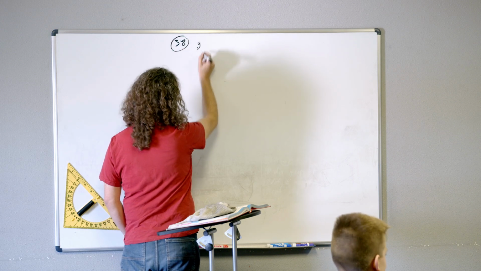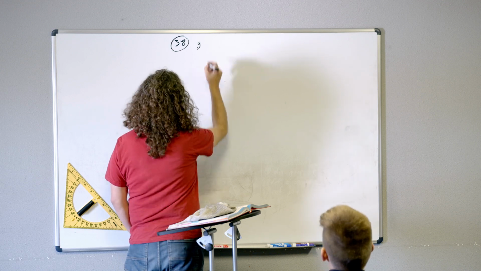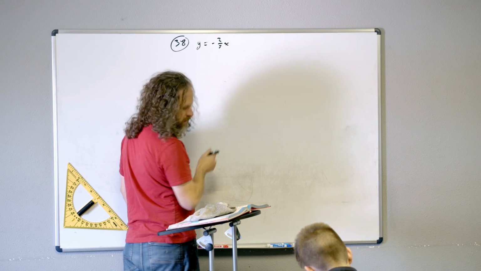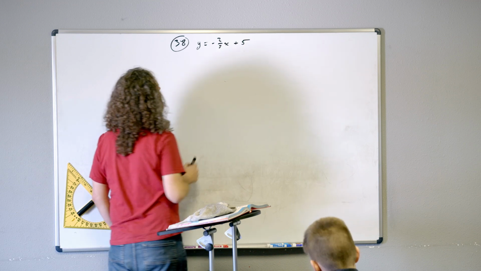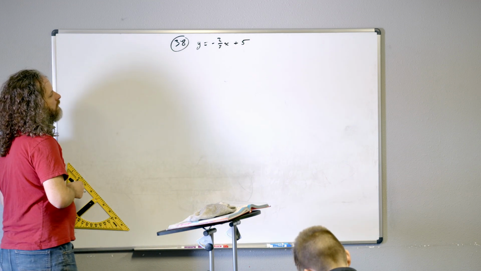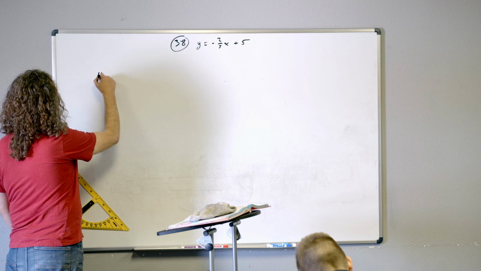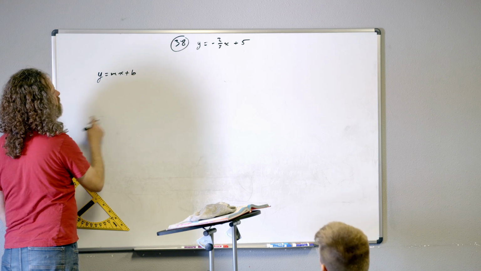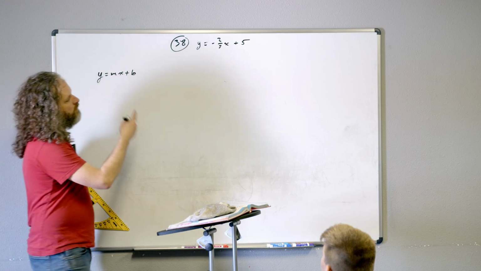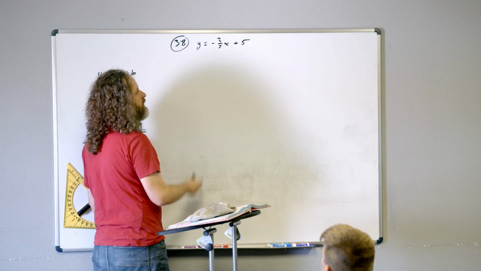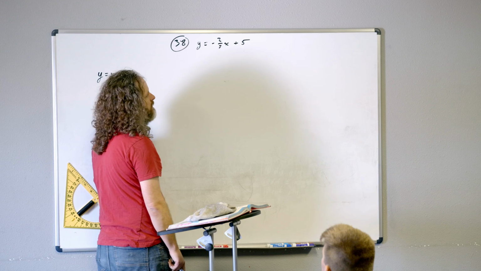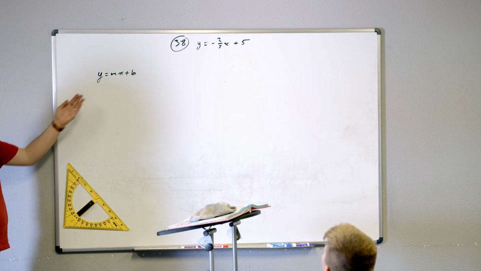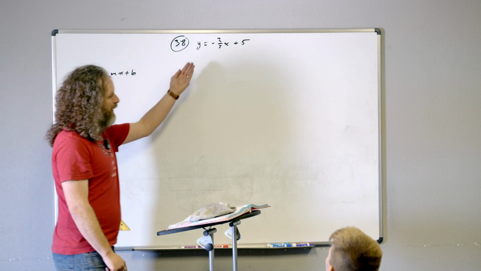We're supposed to find the rate of change of this line. Which one of those is the slope? The M. What's the slope of this line? 5. Wait, no. You just said M. What's the slope of that line?